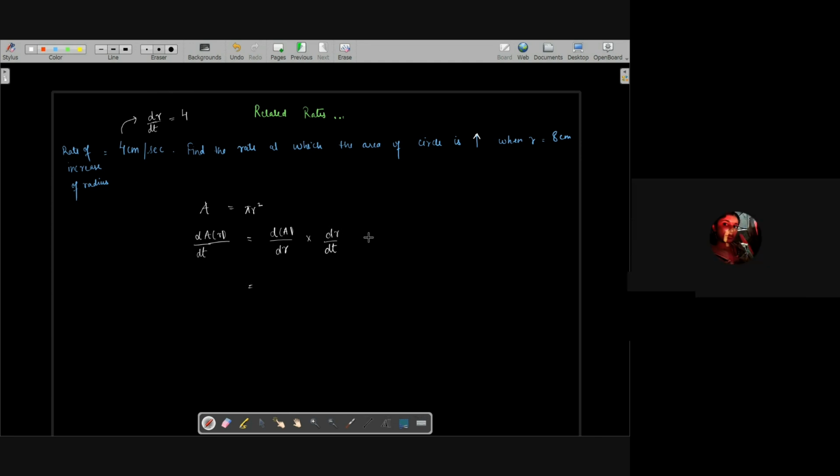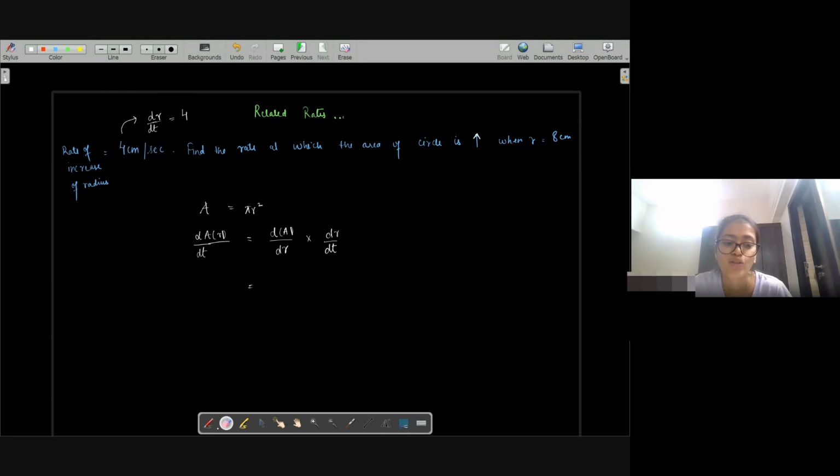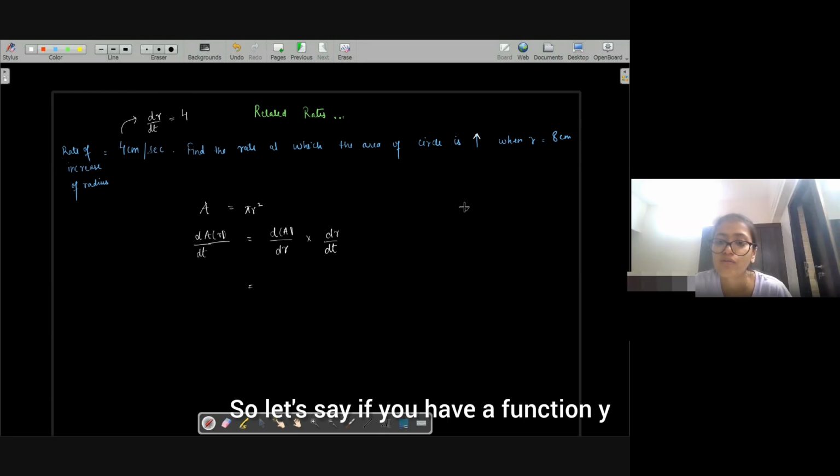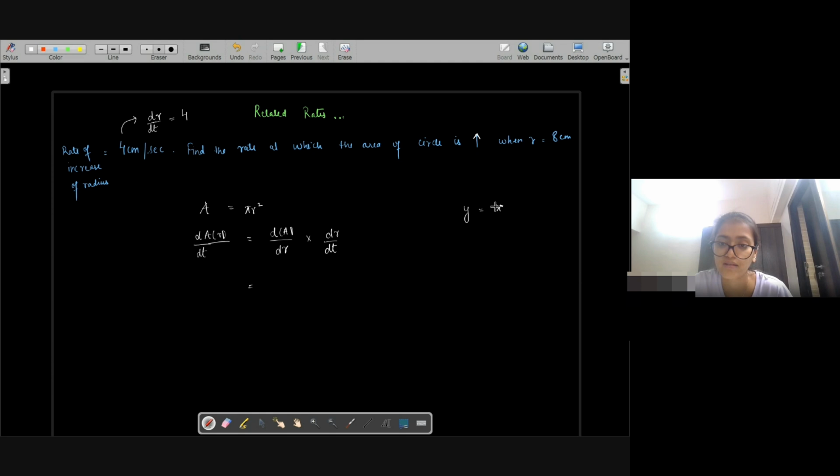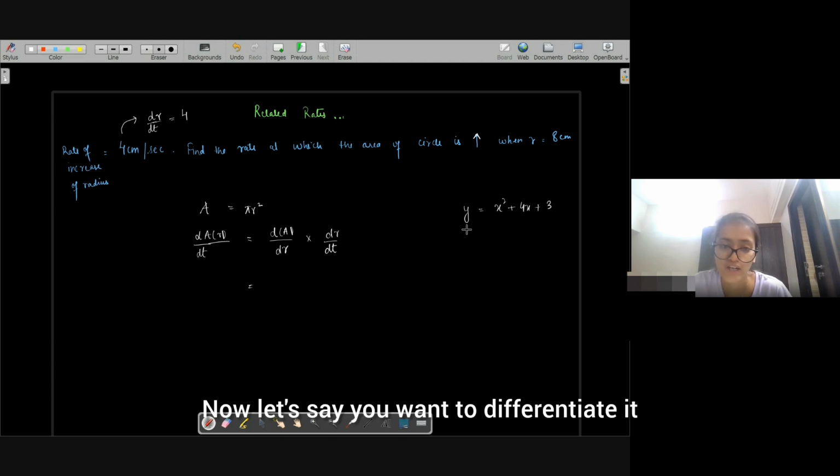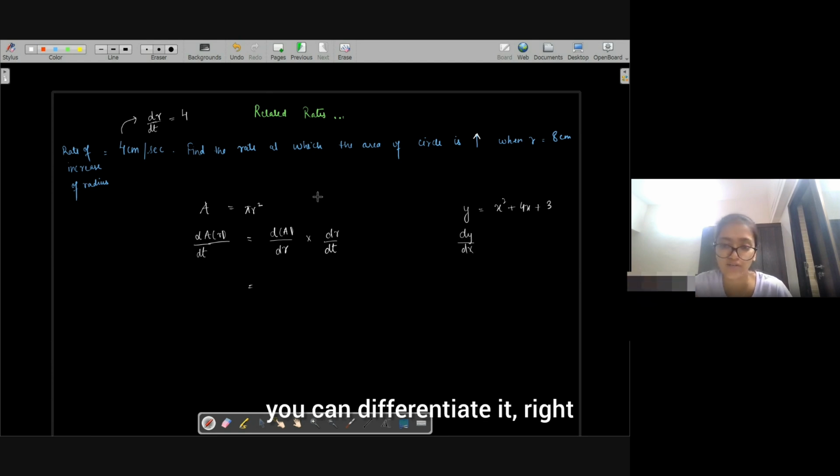Why did you put dA of r though? So let's say you have a function y in terms of x, x squared plus 4x plus 3. With respect to x, you can differentiate it, right?